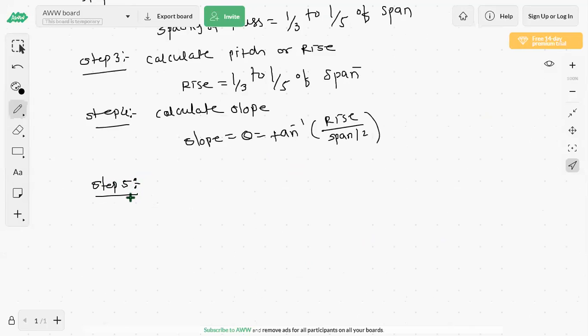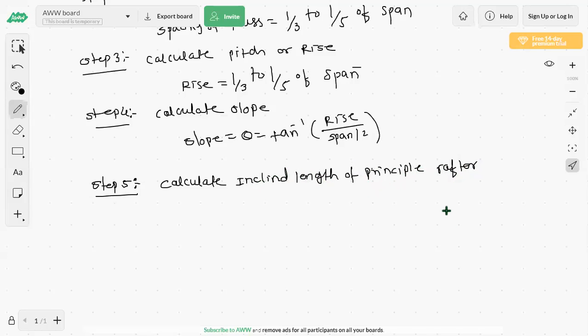Step 5, calculate incline length of principal rafter.